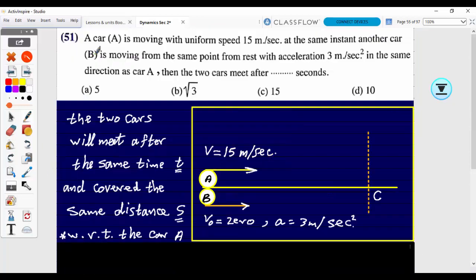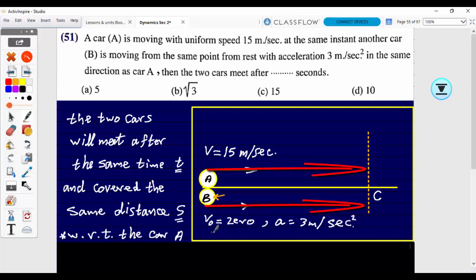Next question. Here we have also two cars. A car A moves with uniform velocity equals 15 meters per second. At the same instant, another car B, this car, is moving from the same point from rest.